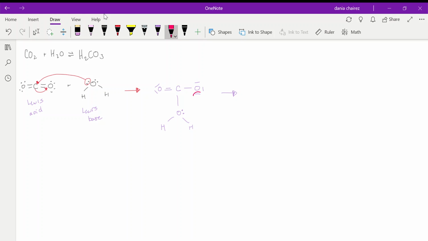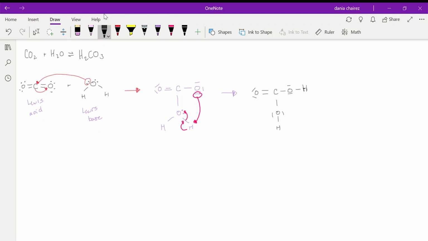So then one of these electrons is going to attach to this hydrogen, which will cause this double bond to break and form another lone pair on this oxygen, so that we finally get our Lewis structure of carbonic acid that we're used to, or at least that it looks right, you know? So then this just has the OH and the OH.